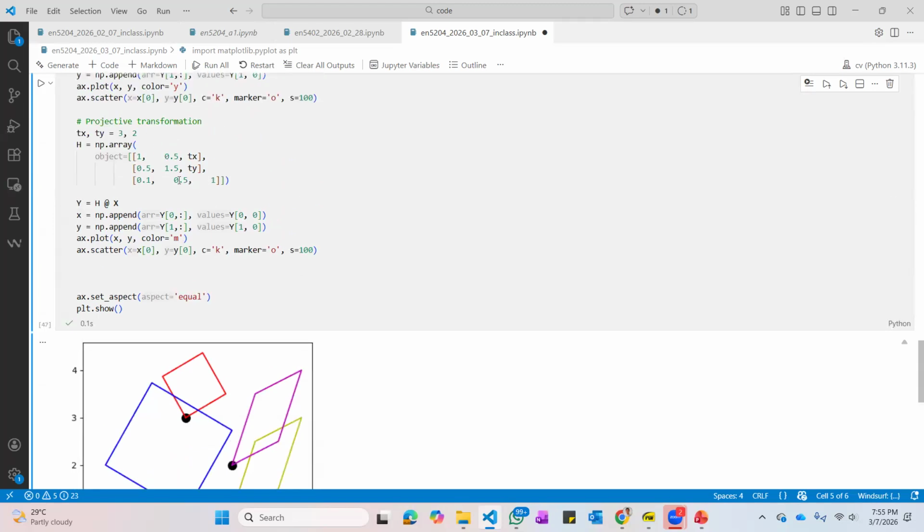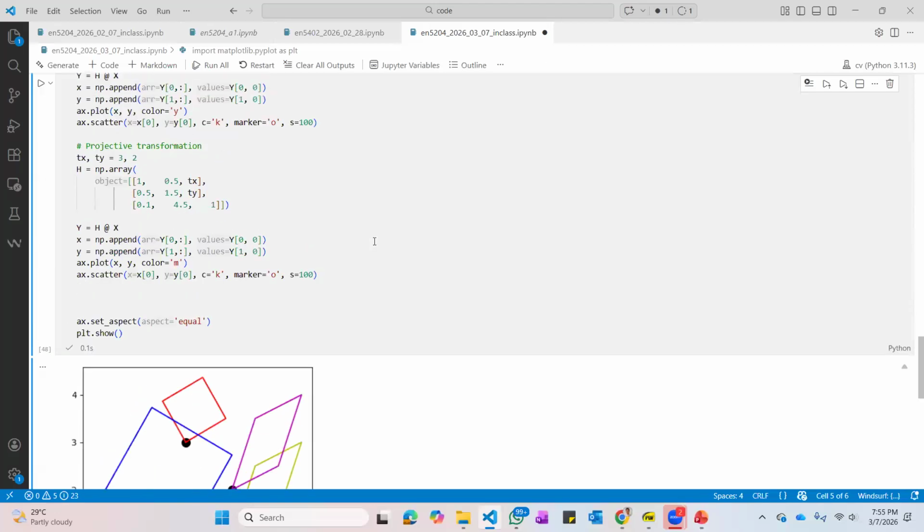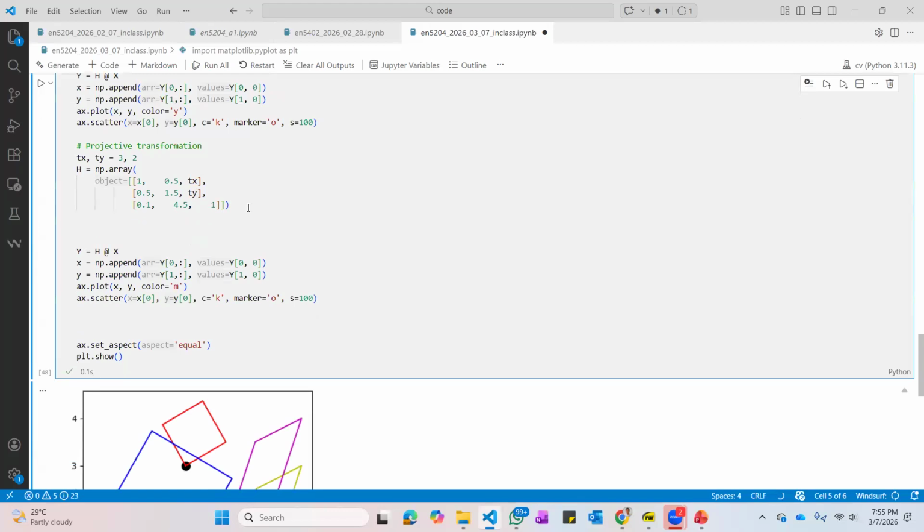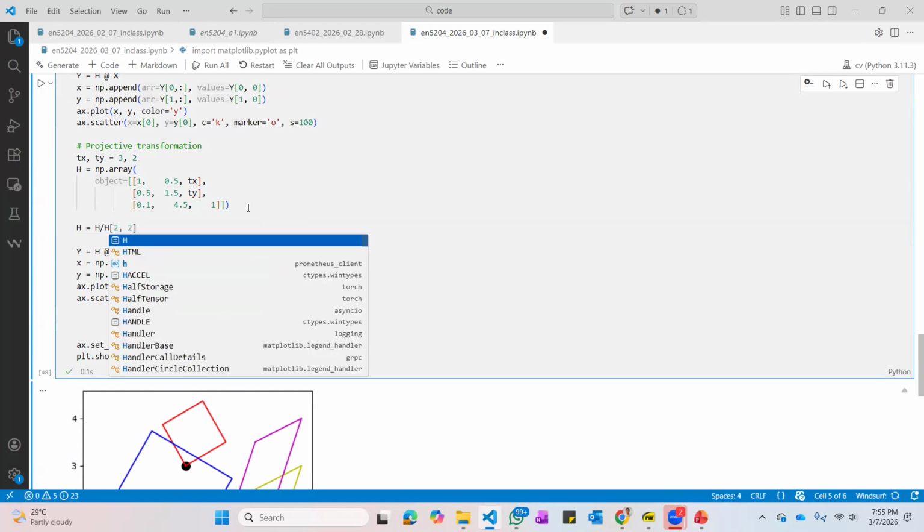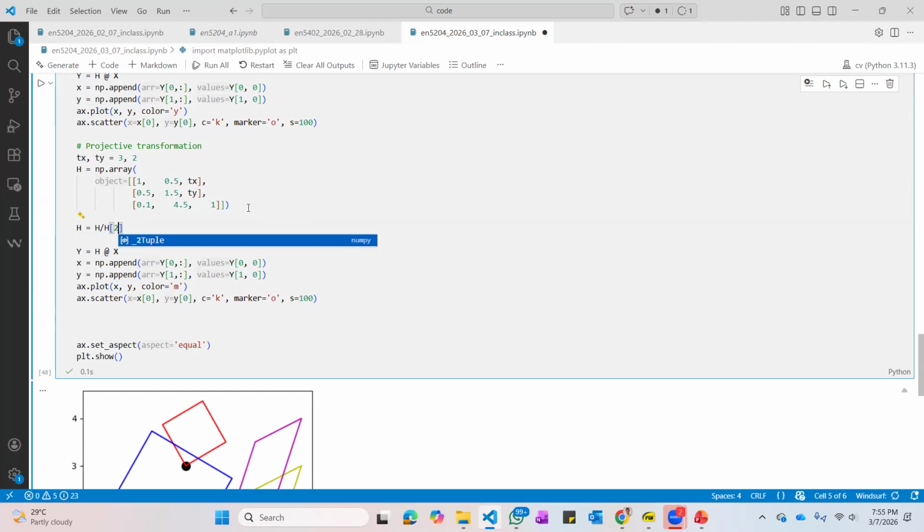I cannot understand that. Could you put large numbers here? Oh, I know why. I had to divide by the last coordinate. I have divided by the last row.